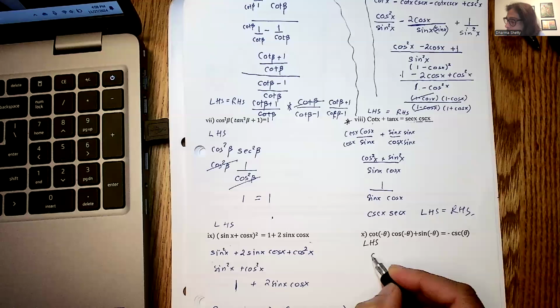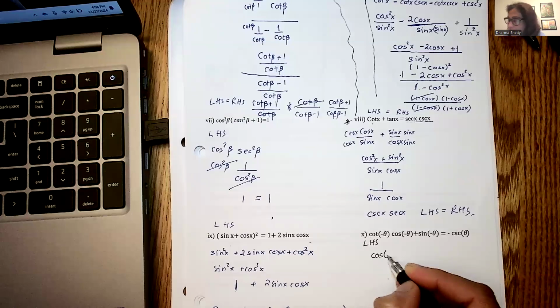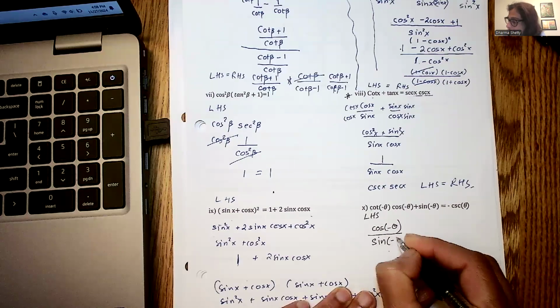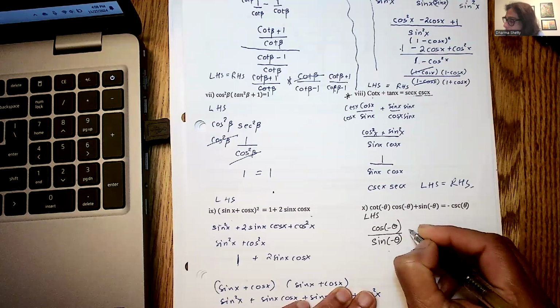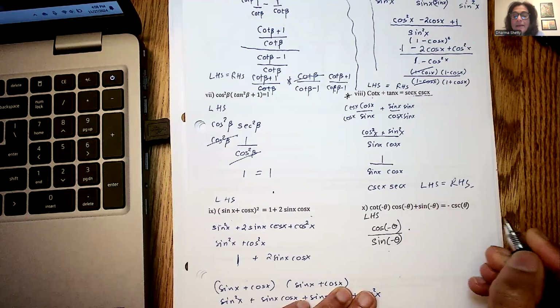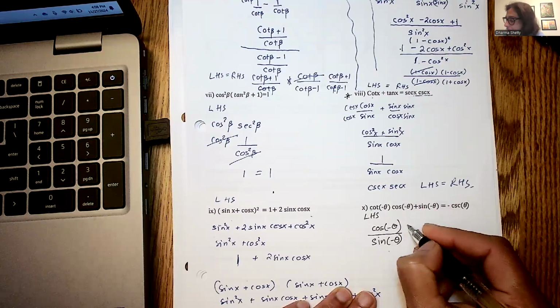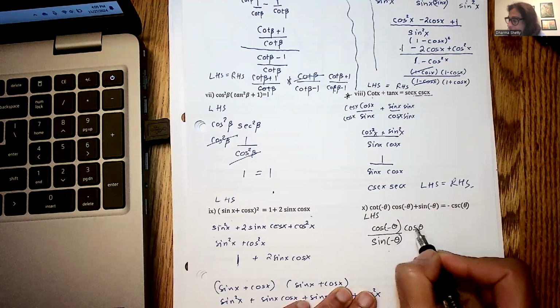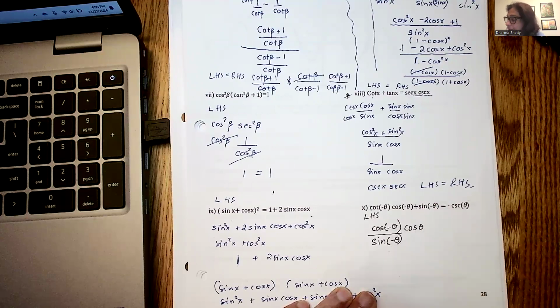So it would be cosine of negative theta over sine of negative theta, multiplied by cosine of negative theta, which is the same as cosine of theta. So I'm just going to write it the same. So this also will simplify the same way, but this will not.